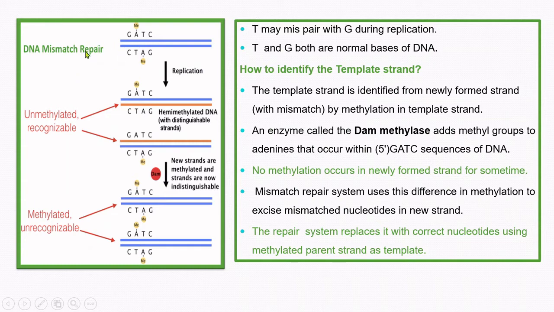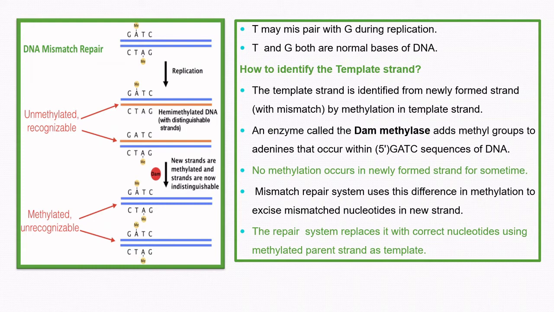the mechanism is that the enzymes involved in mismatch repair have to identify which base is to be removed from the strand, because both the template strand as well as the replicated strand, even though there is a mismatch, are carrying normal bases.